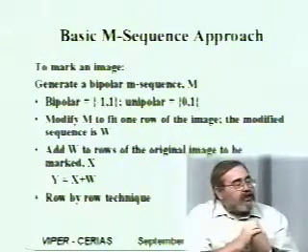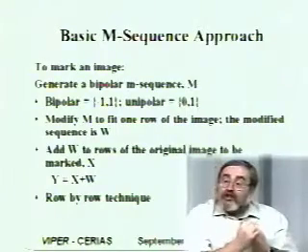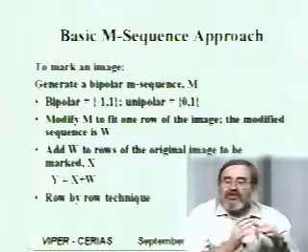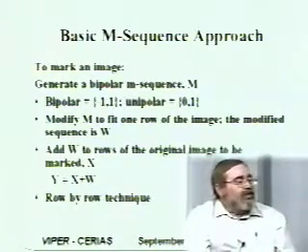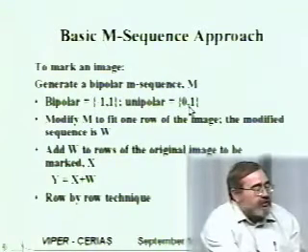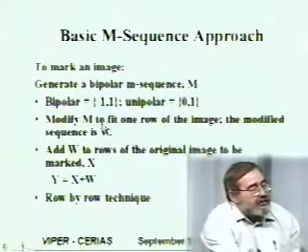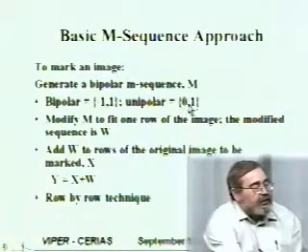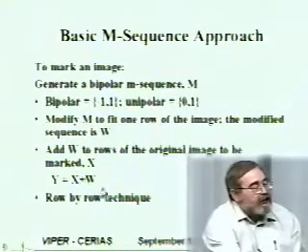In stream ciphers, you could talk about generating M sequences, which are basically pseudo-random binary sequences. They have really nice correlation properties. You could generate either what we call a bipolar sequence or a unipolar sequence. You can modify these to fit one row of the image and then just add it to the image. Now you have to be careful.